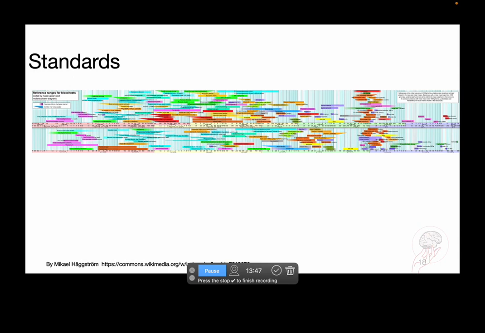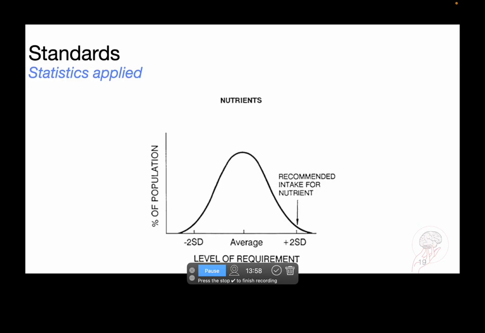So we have a ton of standards. I don't expect you to know all of these by heart. And in fact, we're going to do a couple of notebook projects that will help you just quickly look up standards. But it's helpful to look at the bell curve when we think about standards. So this is a bell curve for just any nutrient. And so we see this is percent of the population and the level of requirement.